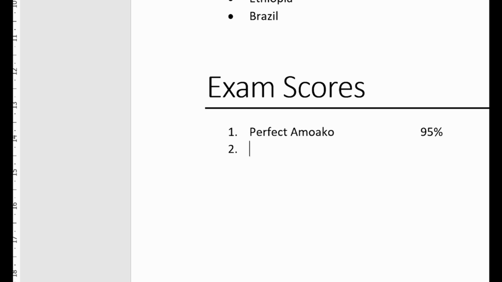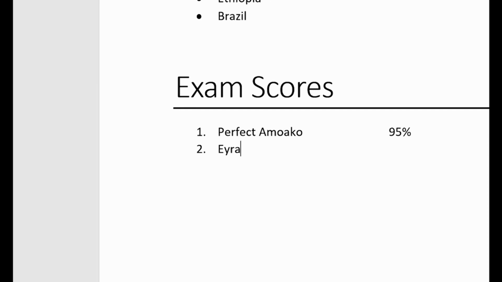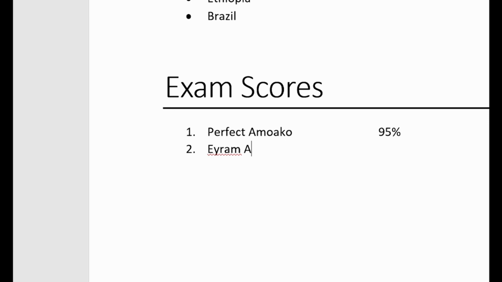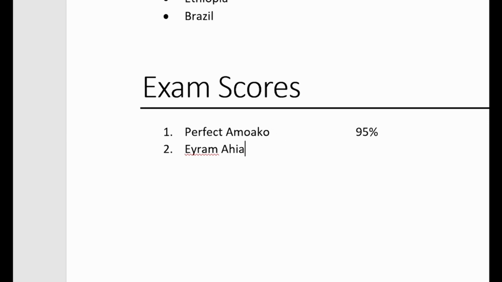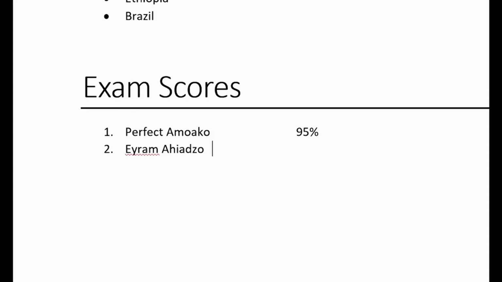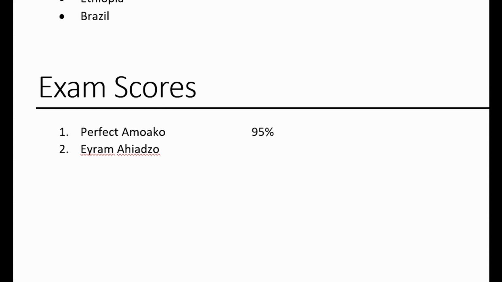Give me a name. Ayiram. Ayiram what? Joe. Okay, now I want to give the score. What I'll do, I'll press tab, and let's say I'll give this 92%.